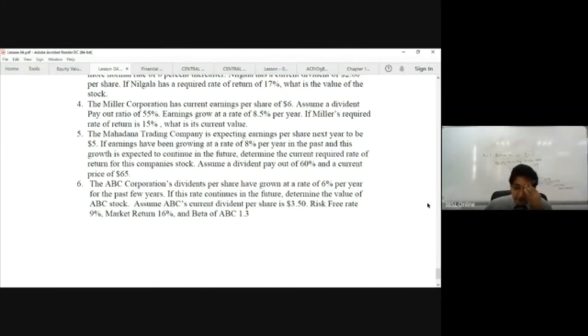Now, since it is an aggressive stock, 6% growth is there. Now, the ABC stock value we need to calculate, but we have to go through the required rate of return, because the required rate of return is not available, so we need to first calculate it. Two or three persons have calculated that, but anyway, I will just explain it on the board.